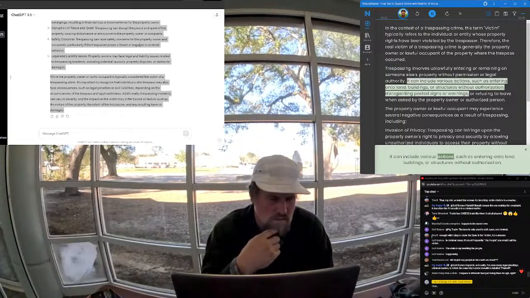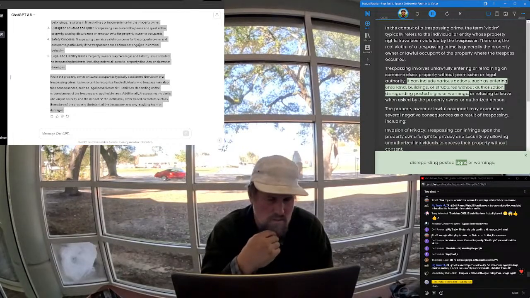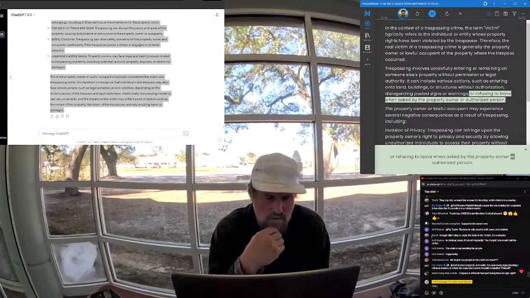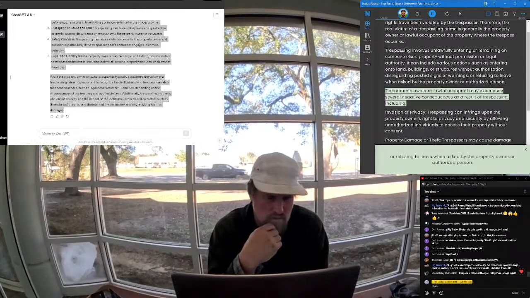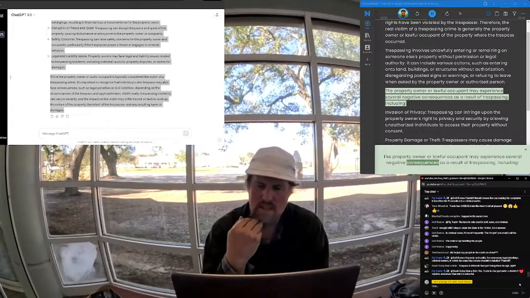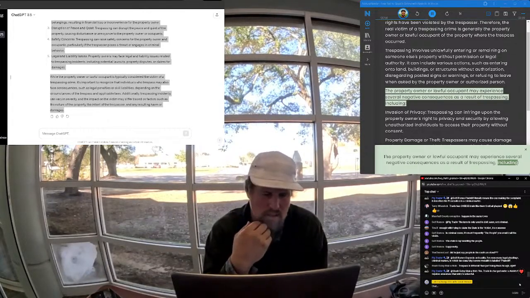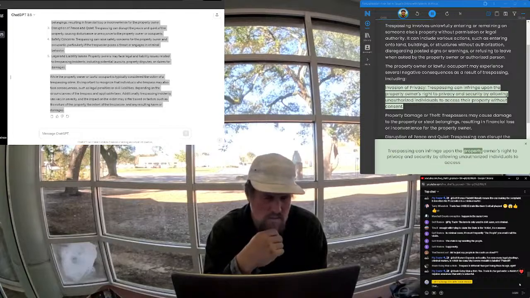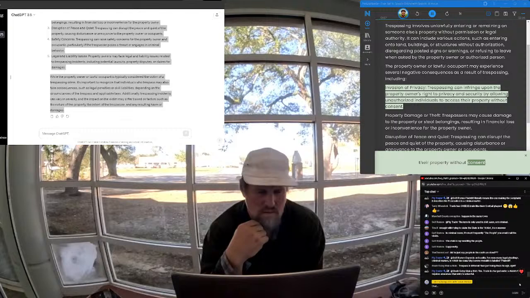It can include various actions, such as entering onto land, buildings, or structures without authorization, disregarding posted signs or warnings, or refusing to leave when asked by the property owner or authorized person. The property owner or lawful occupant may experience several negative consequences as a result of trespassing, including invasion of privacy. Trespassing can infringe upon the property owner's right to privacy and security by allowing unauthorized individuals to access their property without consent.